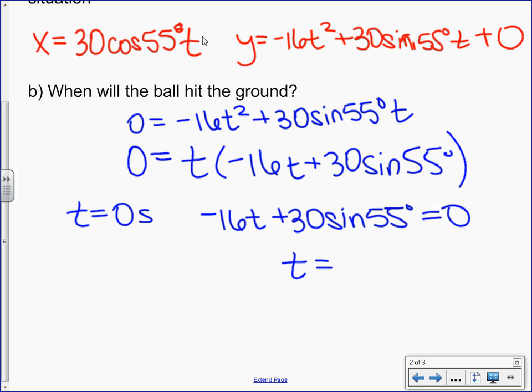Okay, right, this is just going to be a number. And subtract over, divide by negative 16, what do we get? 1 point what? 1.536. Okay, which one of these represents the answer we want?